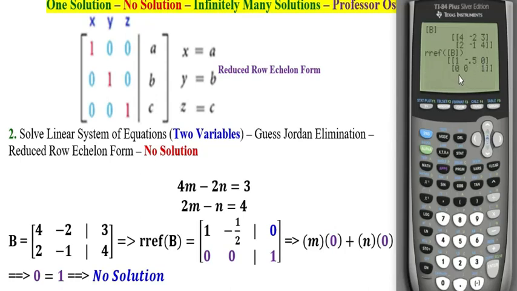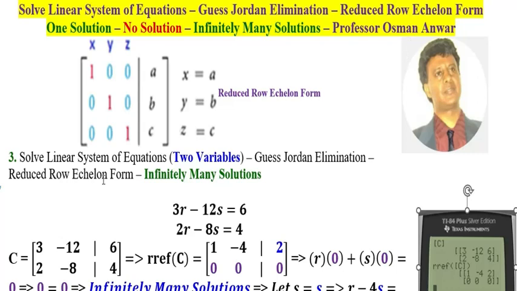That means m times 0 plus n times 0 equals 1, which is 0 equals 1. That means no solution. Number 3, solve linear system of equations, 2 variable, Gauss-Jordan Elimination, Reduced Row Echelon Form.